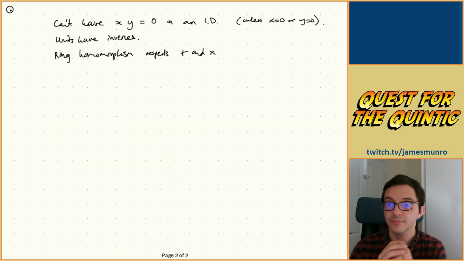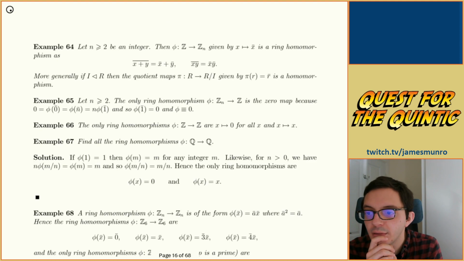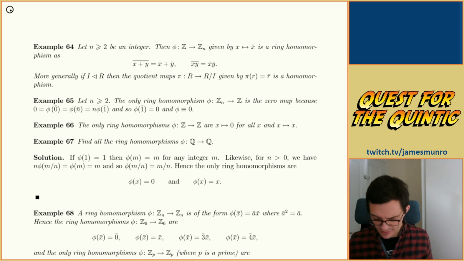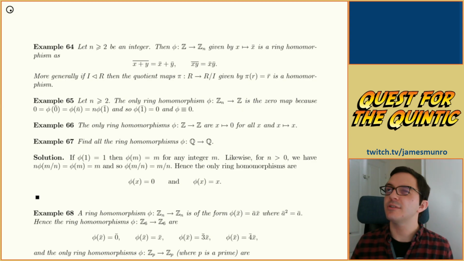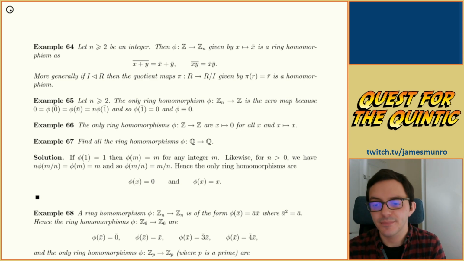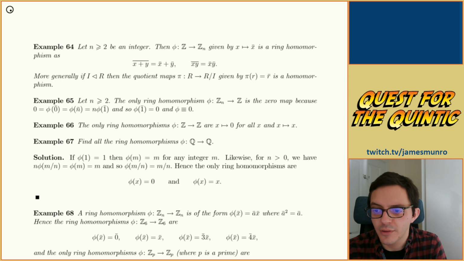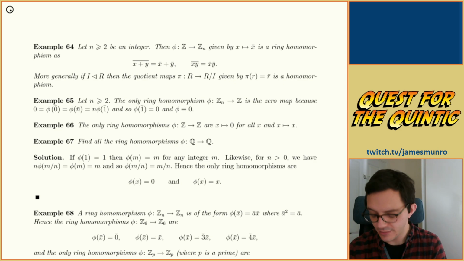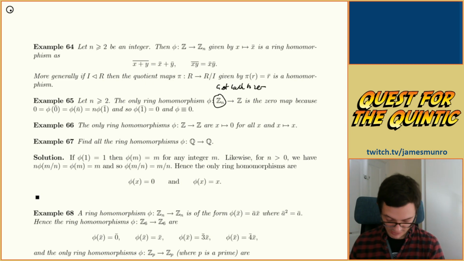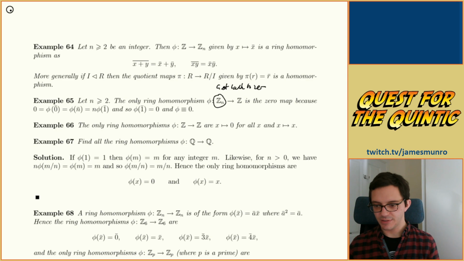Good. Okay. And then the only ring homomorphism going the other way is the zero map. Because, what's this say? You're supposed to get round to 0 again in Zn. Get back to 0. This doesn't seem super exciting right now.